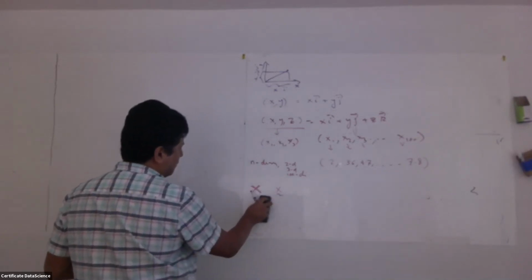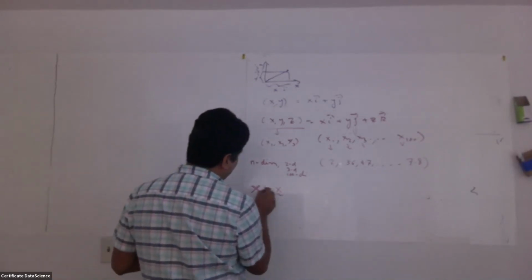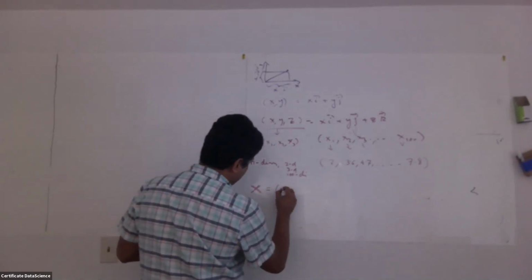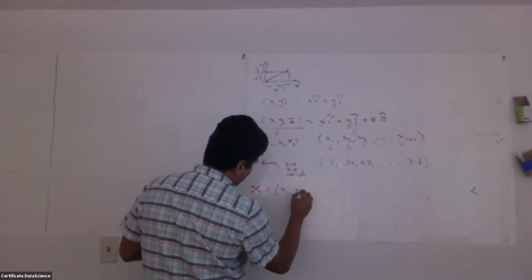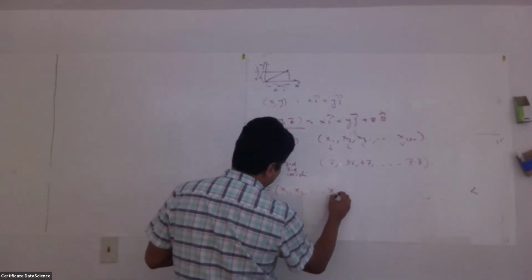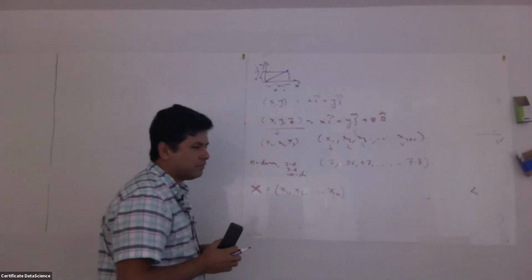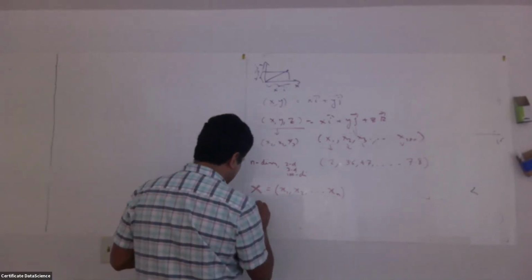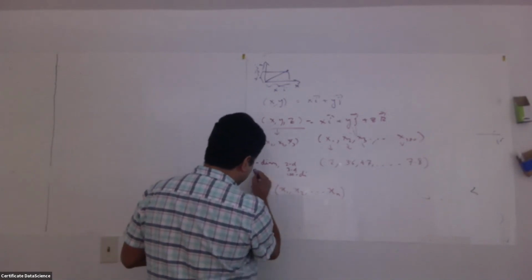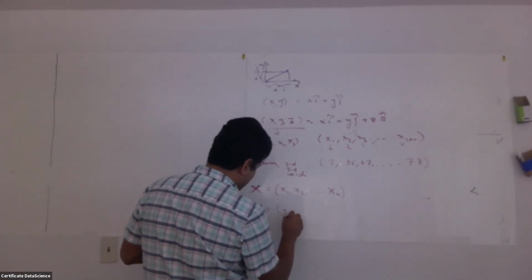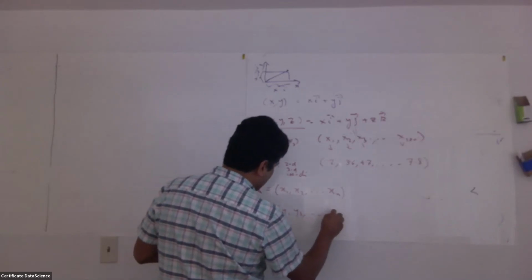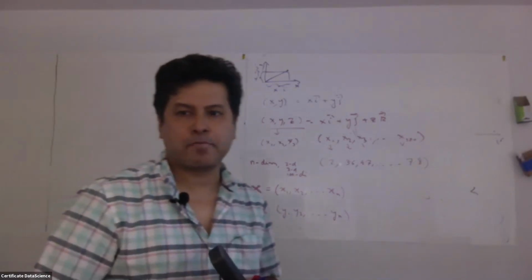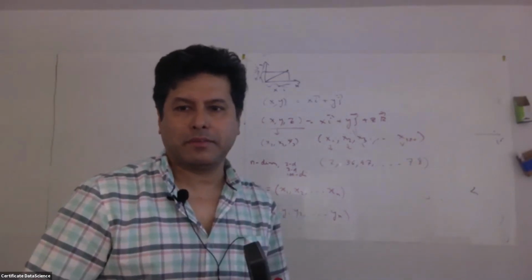I like to use bold lowercase x, with components x1, x2, up to xn. Then if you have another vector of the same dimension n, you write it like this, and z, and so on.